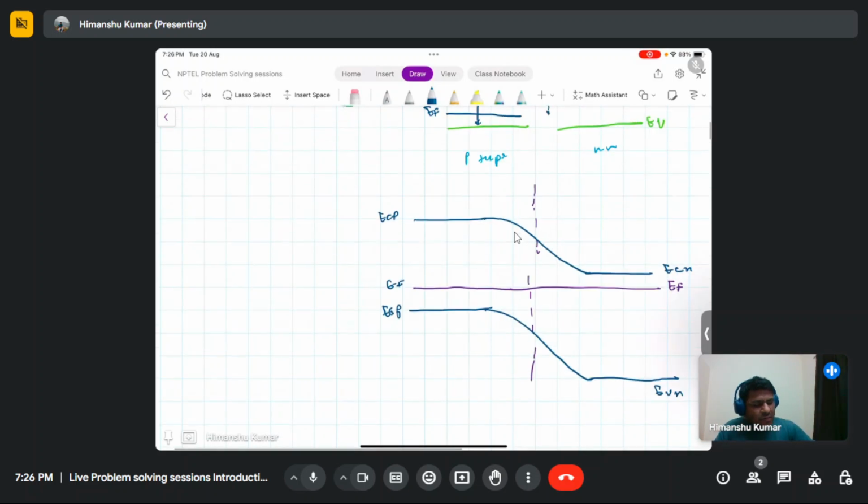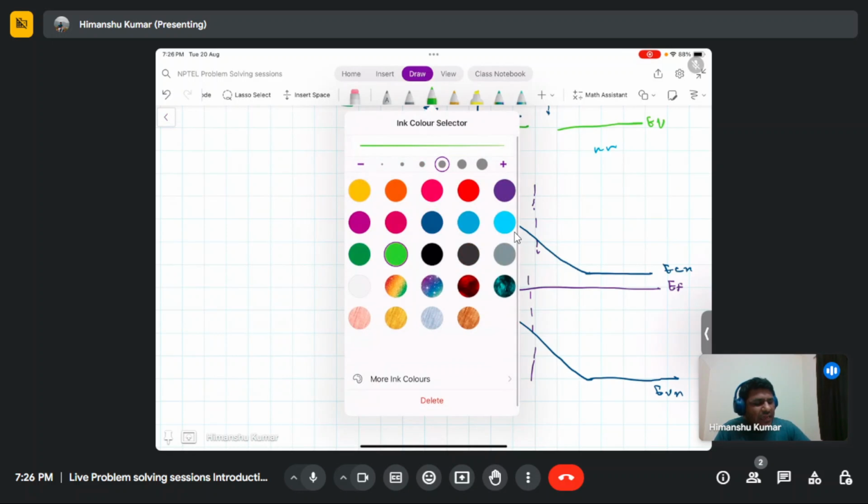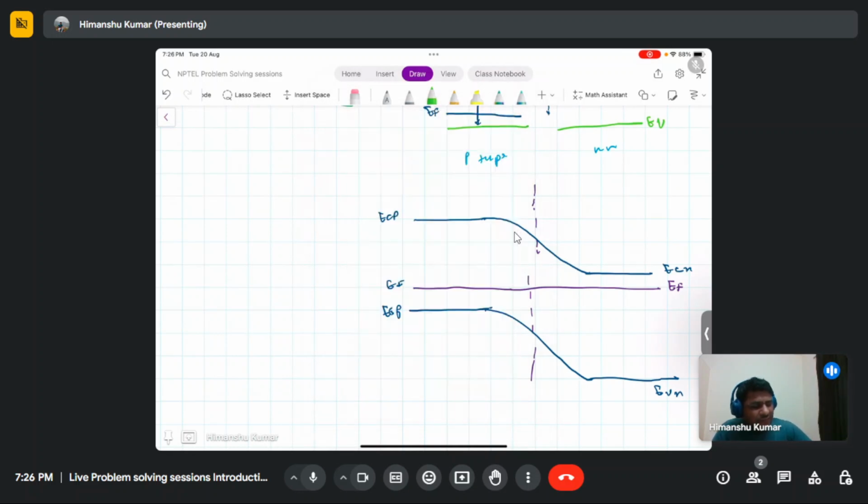And now, because the electron affinity of a material is constant, you need to do the vacuum level bending of the bands. So this vacuum level will look like this, and this is known as Vbi, the built-in potential in the semiconductor. Similarly, you can draw the intrinsic energy level like this.